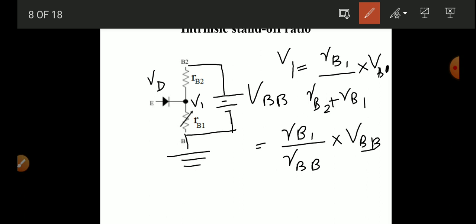Among this, RB1 by RBB is the intrinsic standoff ratio, which we can replace by a constant term eta. So we can write this as eta into VBB. So V1 is the voltage across RB1, V1 equals eta into VBB.